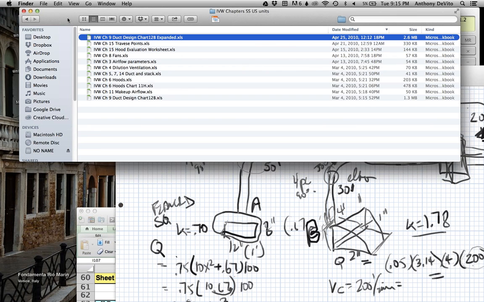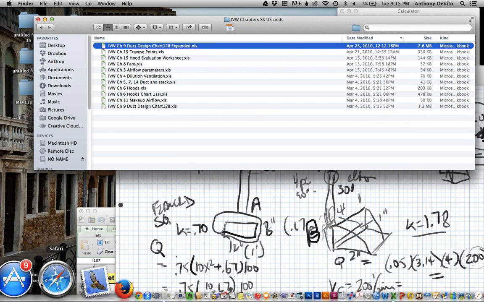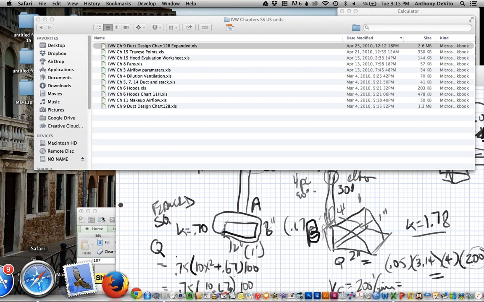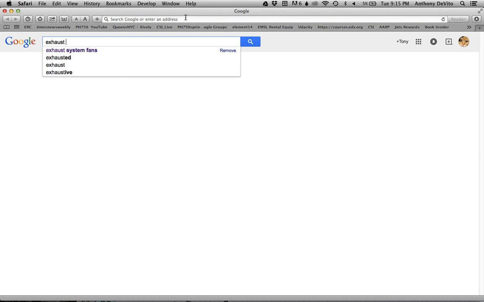Okay, we have a chapter in the book on the fans. It says that we need a fan that would be good for the job, so we have to make sure we do that. I know it doesn't have to be exactly perfect, but for your design, depending on how much effort and detail you put into this, it's going to affect your grade somewhat.